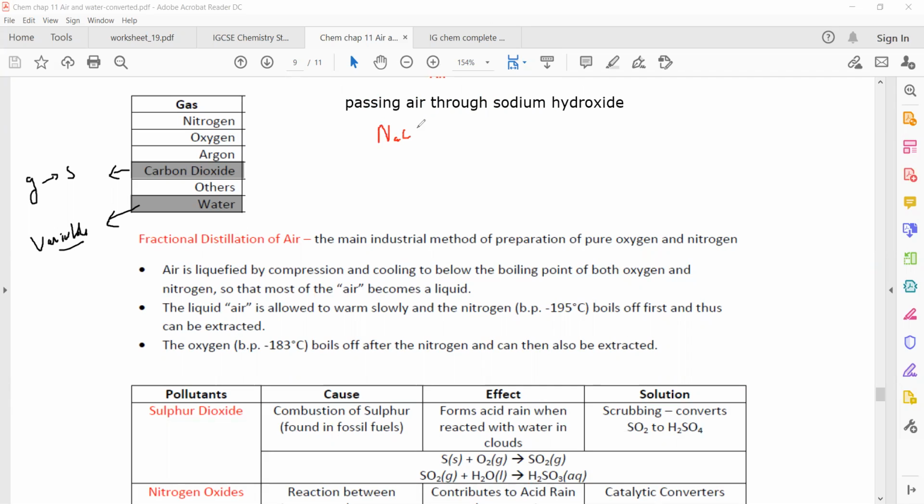This sodium hydrogen carbonate will be aqueous, so the carbon dioxide is removed from the sample. And how do we remove water from the sample? We can use any drying agent.